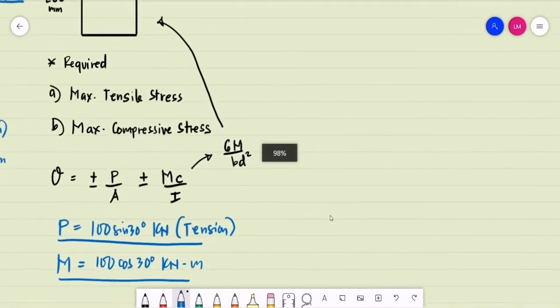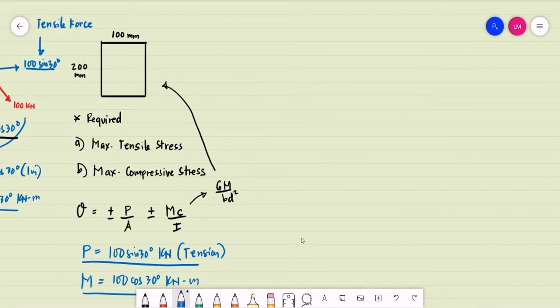So solving for the requirements, first, this is for letter A. We are computing the maximum tensile stress developed in the beam, sigma. Take note that we don't have an axial compressive force.